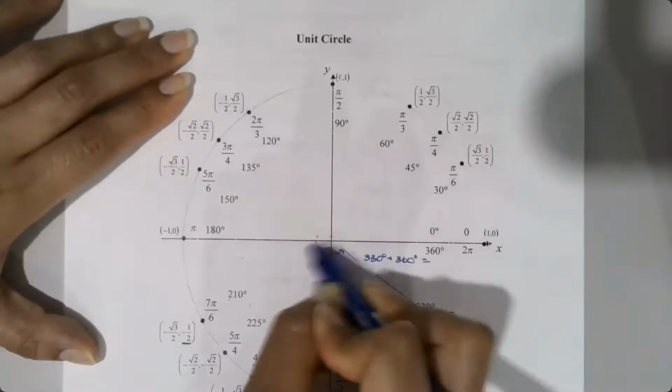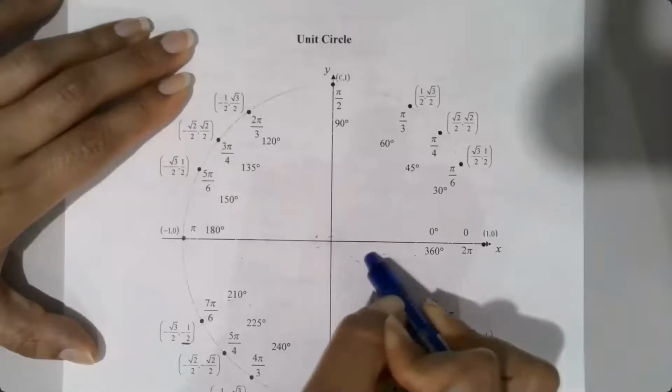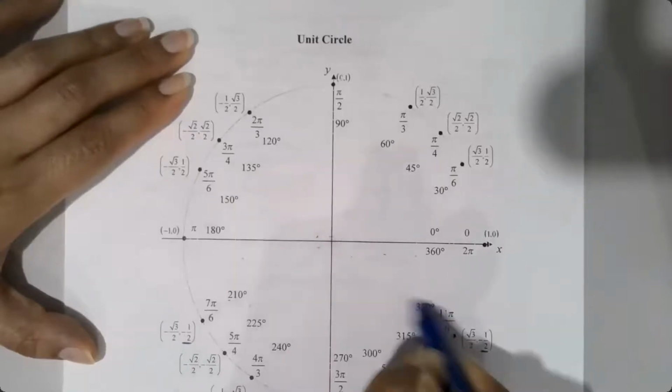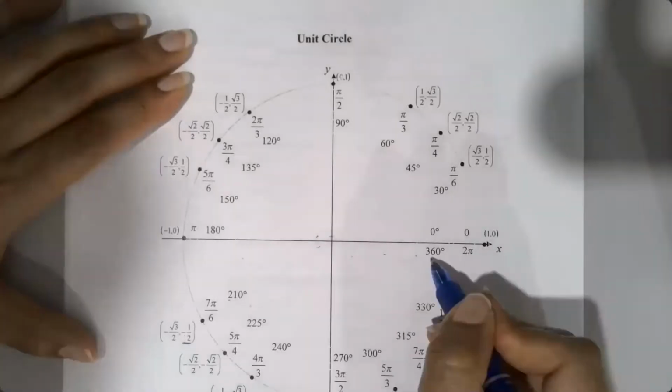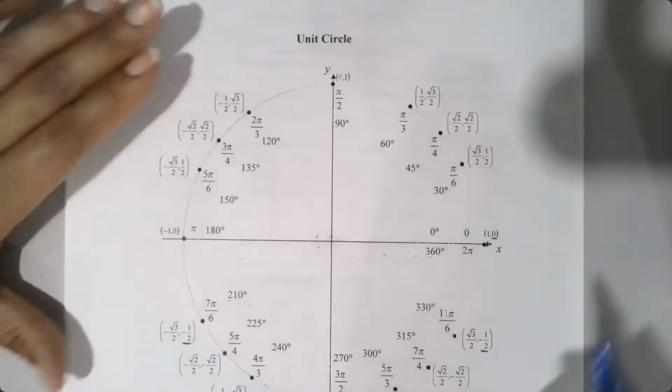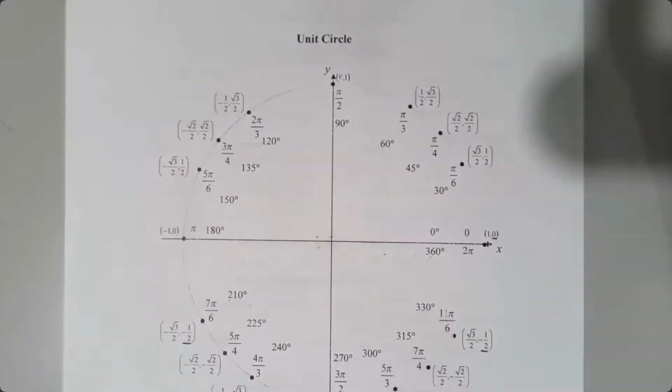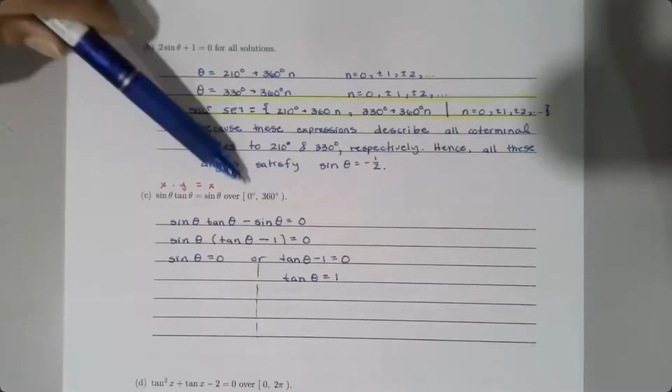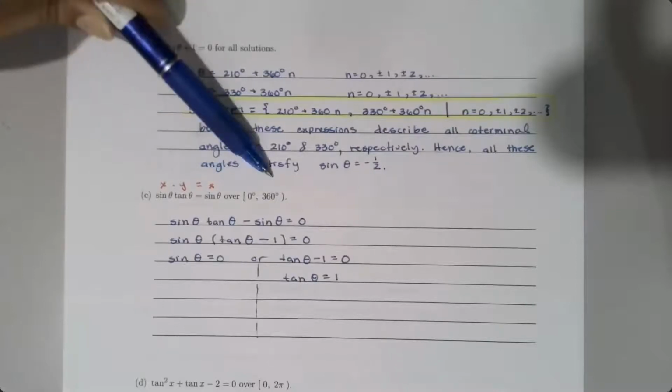Good, very good. So 360 would be at one location. So at 360, we see that the y is 0. We just have to be careful about how we write this answer, because with the range that they gave us, they told us that we can include the 0, but not the 360, right?